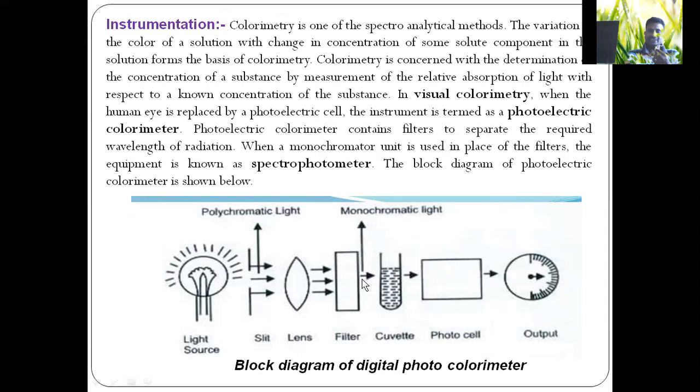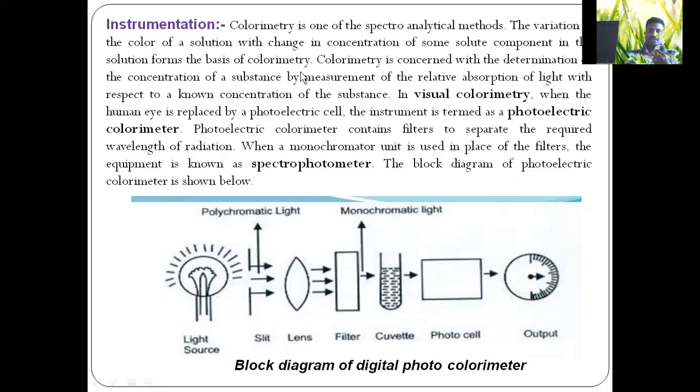That radiation passes on to the solution in the cuvette, a small test tube, and some of the radiation is absorbed by this solution, and the remaining is transmitted. The radiation is converted into an electrical signal by the photoelectric cell as output, that is absorbance. So these are the important parts of the digital photocolorimeter.